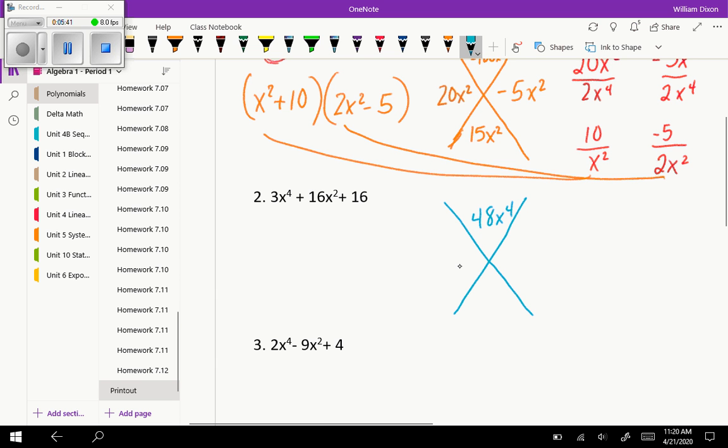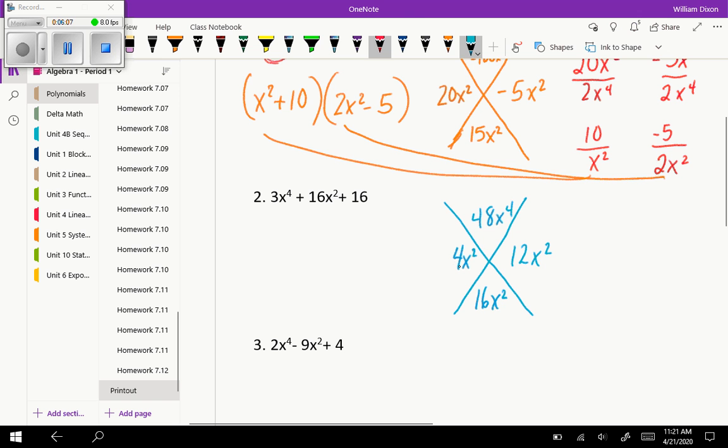I'm going to put my middle term down on the bottom, 16x squared. I'm going to look for factors that multiply to 48x to the fourth and add up to 16x squared. That's going to be 4x squared and 12x squared.